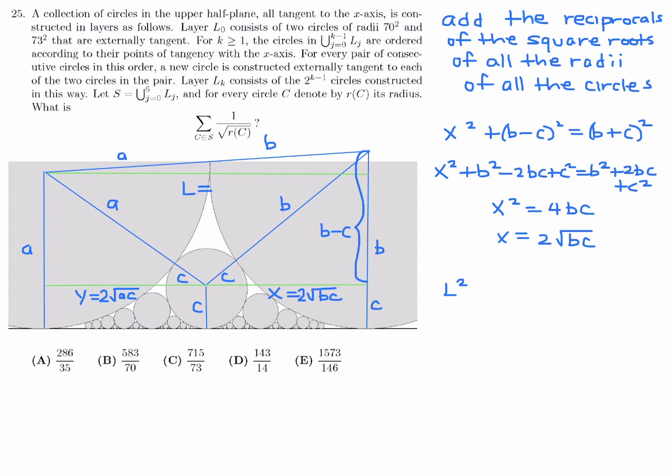So that means L squared plus this distance, which is the equivalent of B minus A, squared, is equal to the hypotenuse, which is B plus A. And when you expand this all out, you will get that L squared is equal to 4AB, and therefore L is equal to 2 root AB. 2 root AB. There we go.